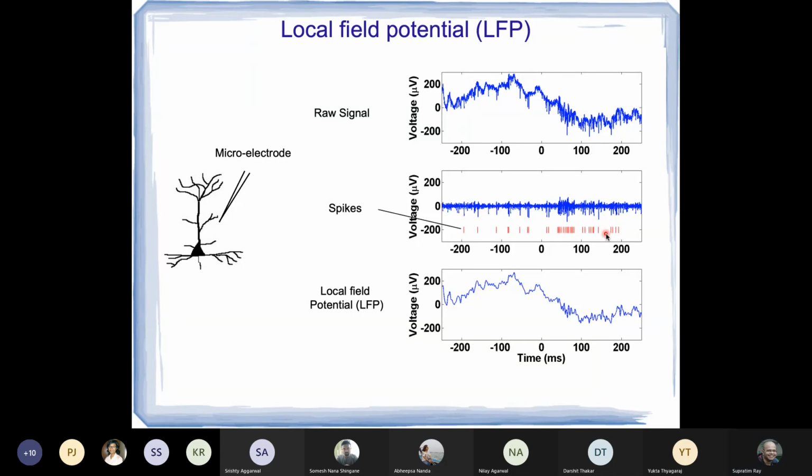However, if you take the raw signal and look at the low frequency component, the slow wave on which these spikes are riding, that is called the local field potential.